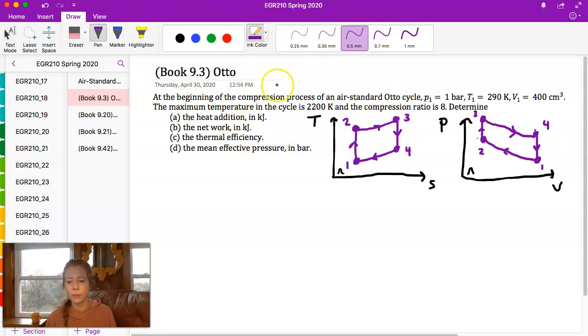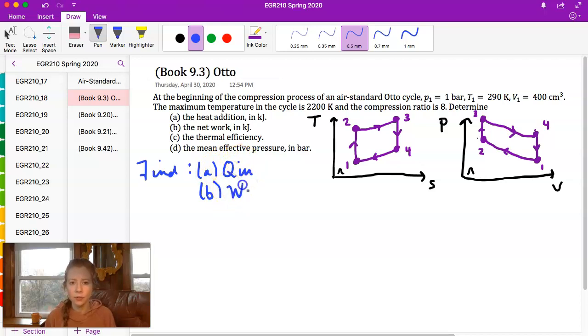And so we want to find the heat addition. Let me just write our find. So we want to find Q in. We want to find net work, which is going to be W cycle. We want to find the thermal efficiency, which is going to be eta.